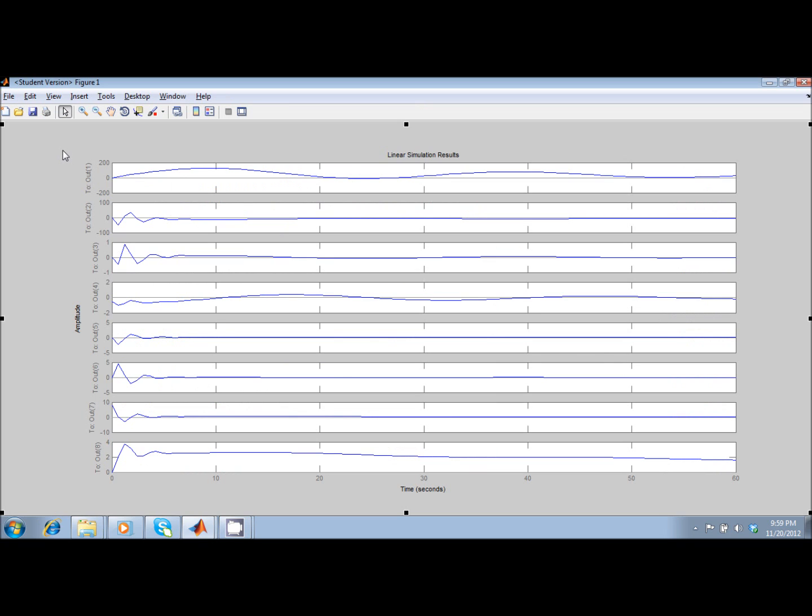Alright, and here's the results of our LSIM command. First thing I'd like to point out is how this couples. So we had the initial input at angle of attack and pitch rate, these two right here, and the yaw rate. So this yaw rate should be affecting the pitch rate, in which it is. You see it almost tracks it perfectly.